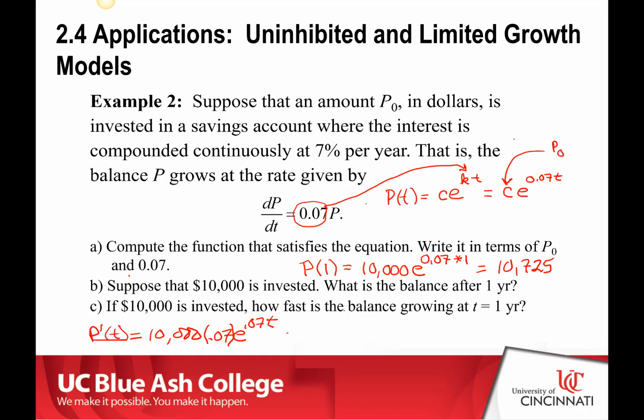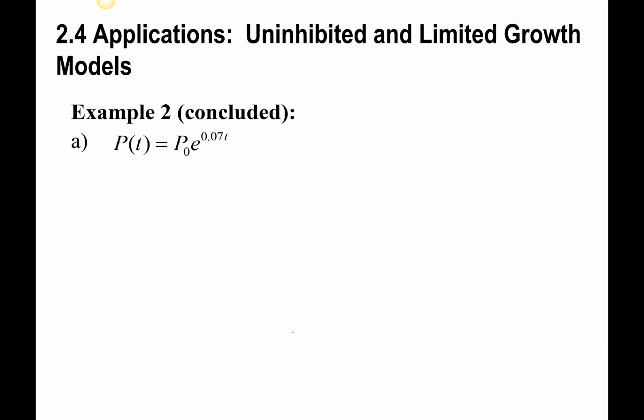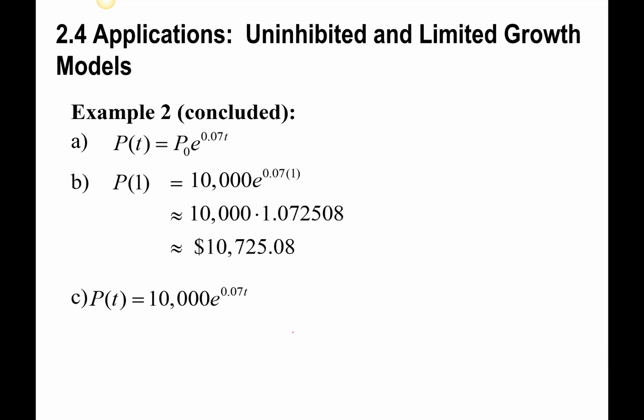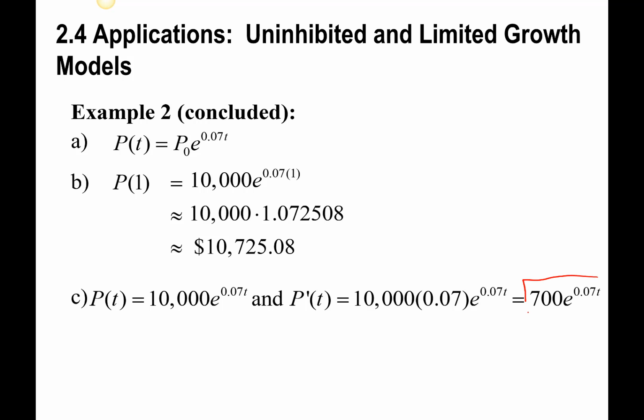This cleans up to give you 700 e to the 0.07t. Okay, well, if we plug that in, we're going to have 700 times e to the 0.07 times 1, or just e to the 0.07.